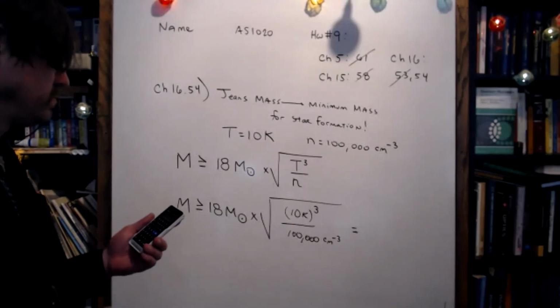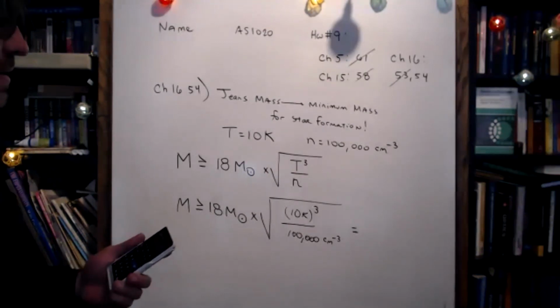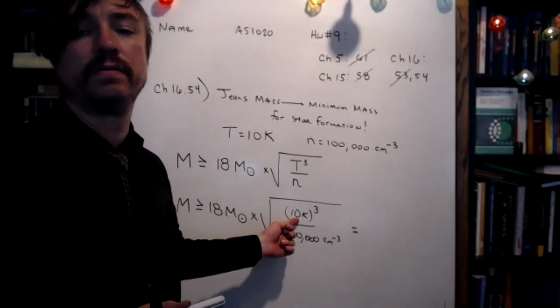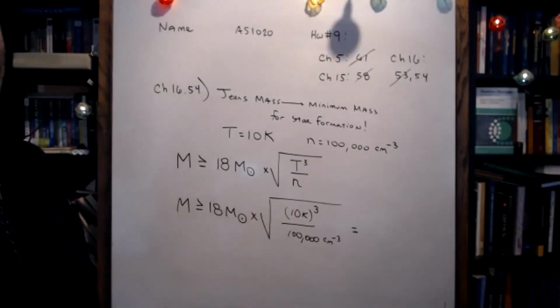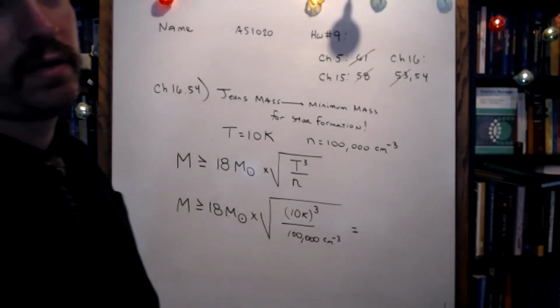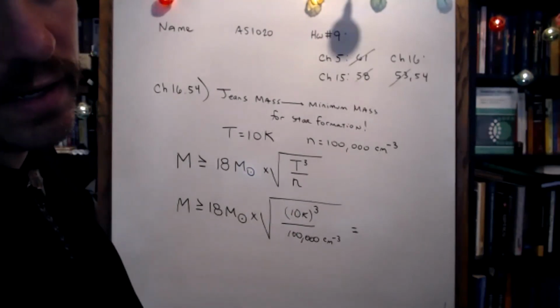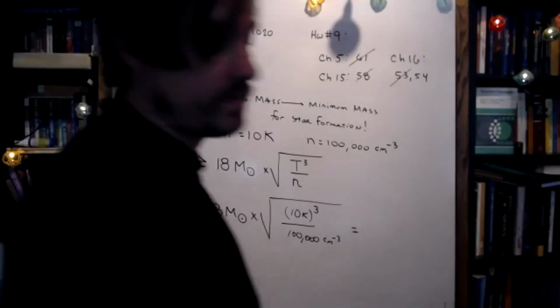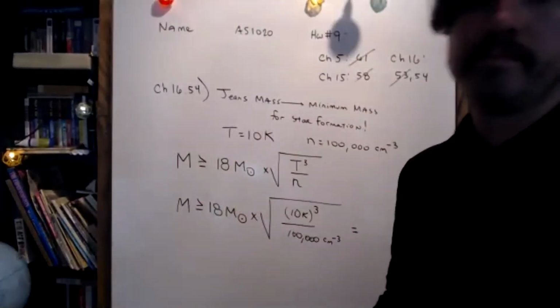0.18. Not what I got. How did you type this in? I just put it in as 10. I forgot the cube. Ah, that's what went wrong. Anyone else? 0.18.